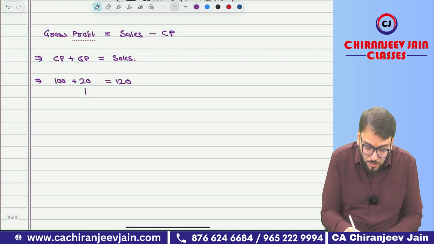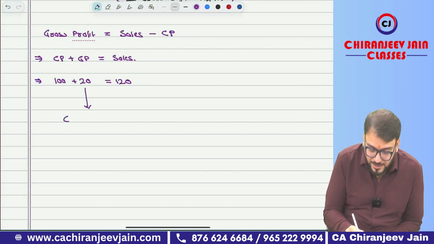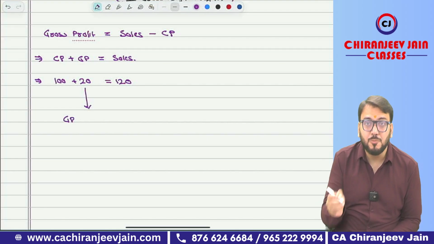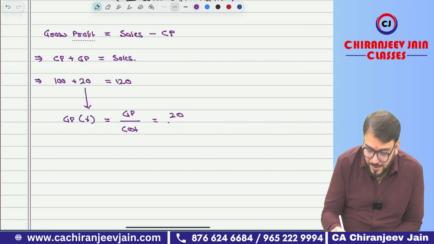Now if I want to calculate GP margin percent, you can calculate GP margin in terms of cost. So gross profit margin in terms of percentage will be GP divided by cost, which is 20 by 100, which is 20% of cost.